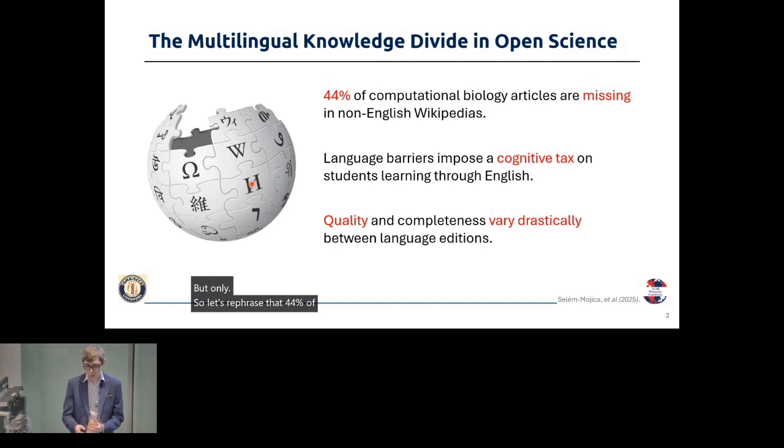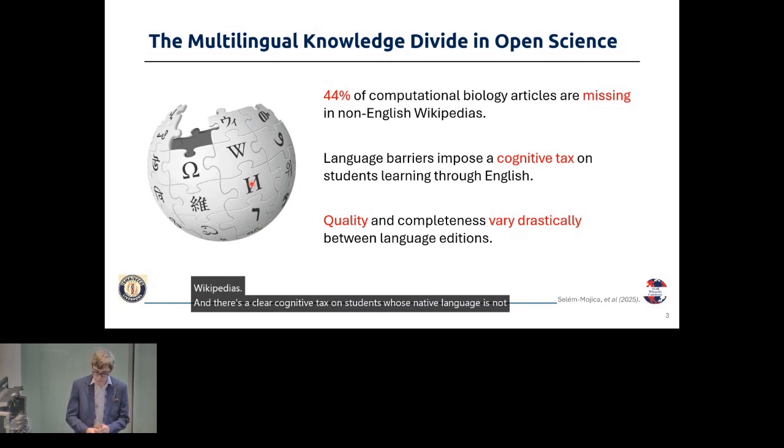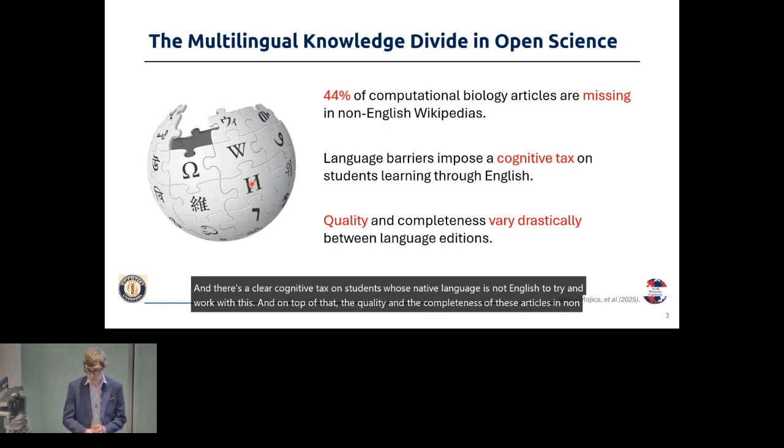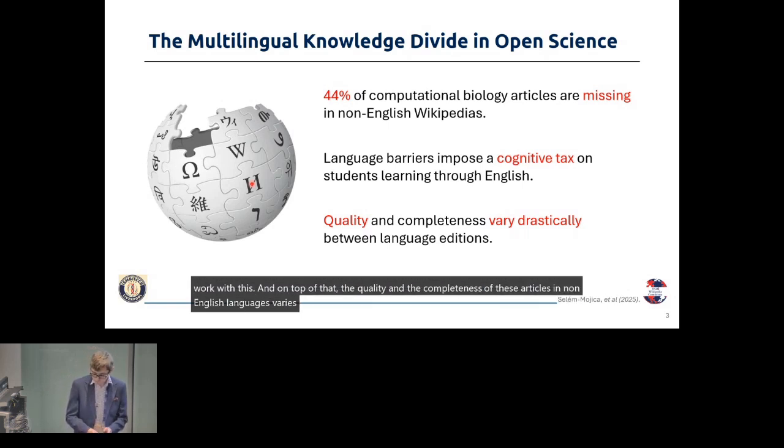And there's a clear cognitive tax on students whose native language is not English to try and work with this. And on top of that, the quality and the completeness of these articles in non-English languages varies dramatically.